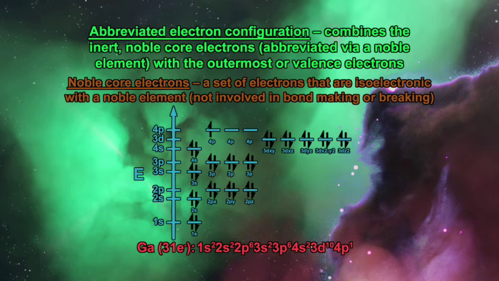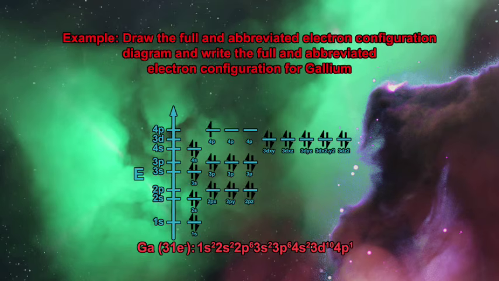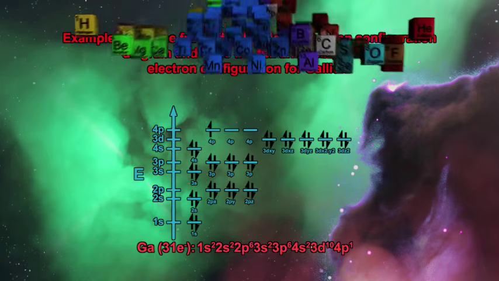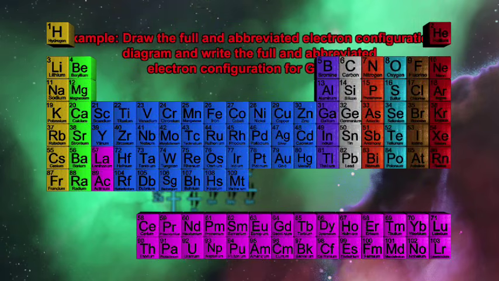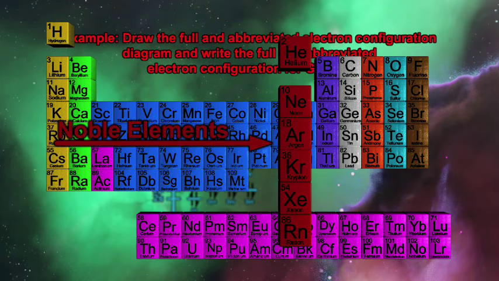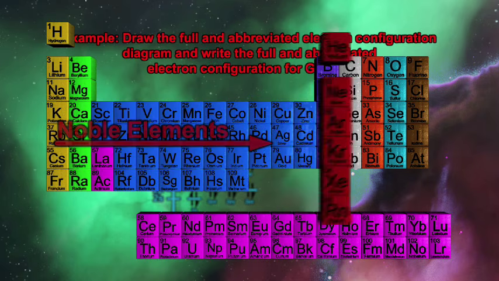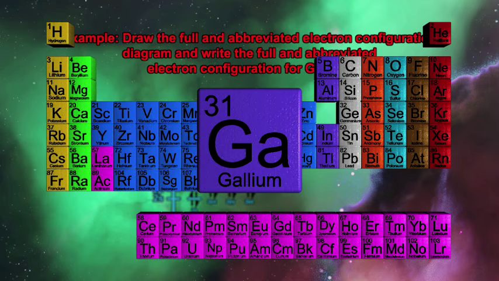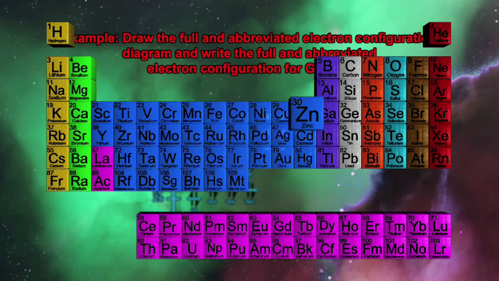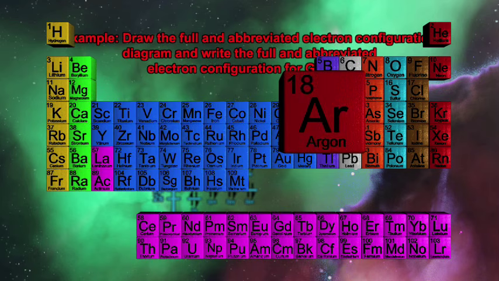To better understand noble core electrons, let's return to the previous gallium example. Recall that gallium's atomic number was 31, which meant we found a home for the 31 electrons of a neutral atom of gallium. The noble elements are the last family on the periodic table. To abbreviate the noble core electrons for gallium, we simply slide back until we reach the first noble element, which is argon.